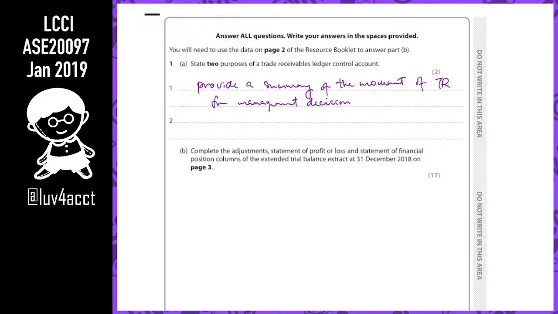Also, the control account itself is a control procedure for you to locate errors or to prevent fraud. These are all the things that we can say for this question.